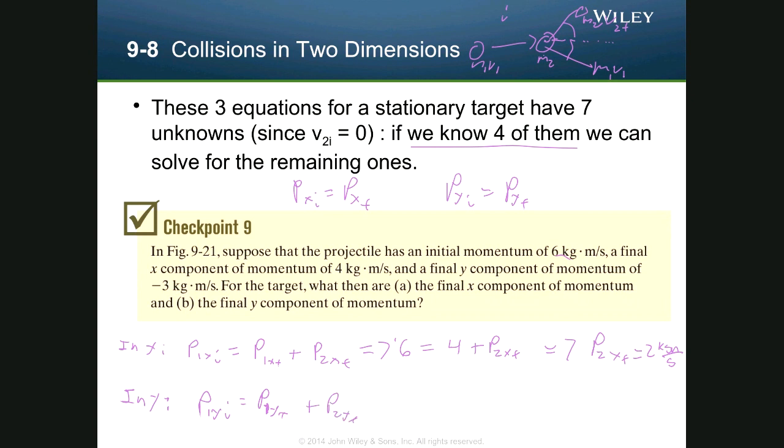All right, but we notice that our initial motion is only in the x direction, so this will go to 0, and we can say that this implies that 0 equals 3 plus, or minus 3 rather, plus P2y, and then we can see that P2y must equal 3 kilograms. Oh, I'm just going to multiply the meter there. Okay, does that make sense?